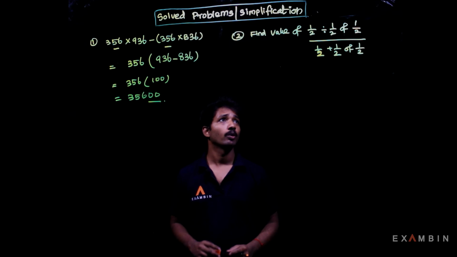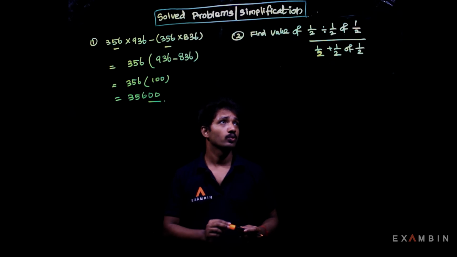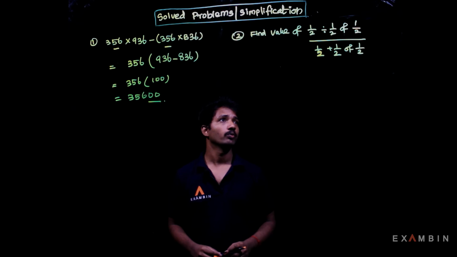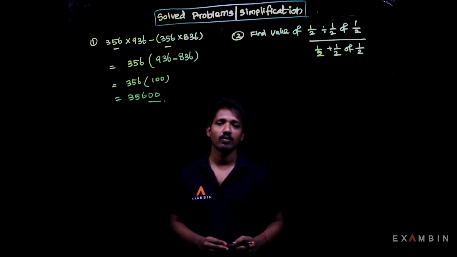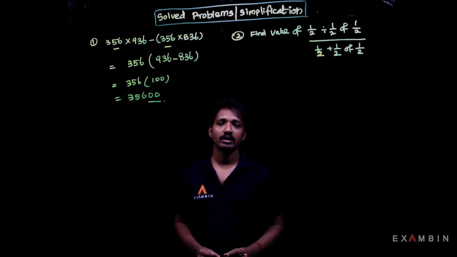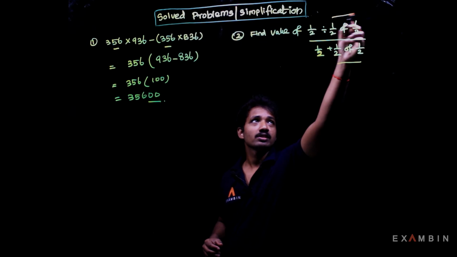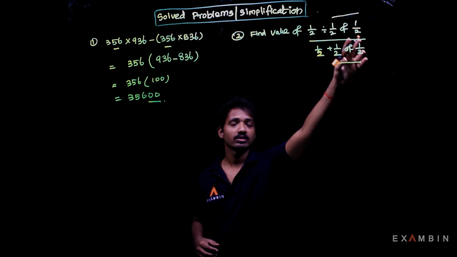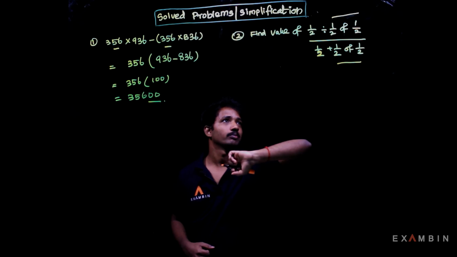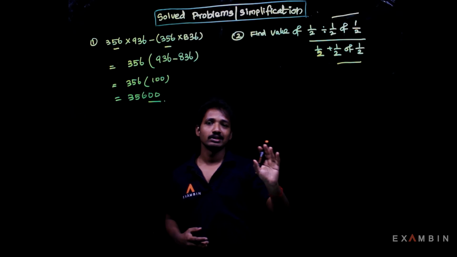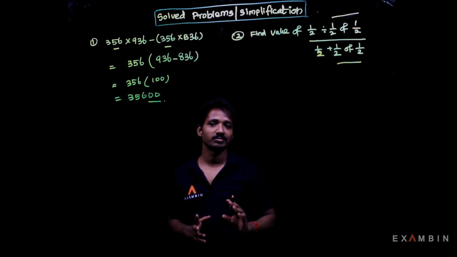Now let us see the second example. Finding the value of 1 by 2 divided by 1 by 2 of 1 by 2, the whole divided by 1 by 2 plus 1 by 2 of 1 by 2. Here we need to simplify these two values first, because those two values are the same in numerator as well as in denominator. You cannot expect this kind of easy question in SBI PO.